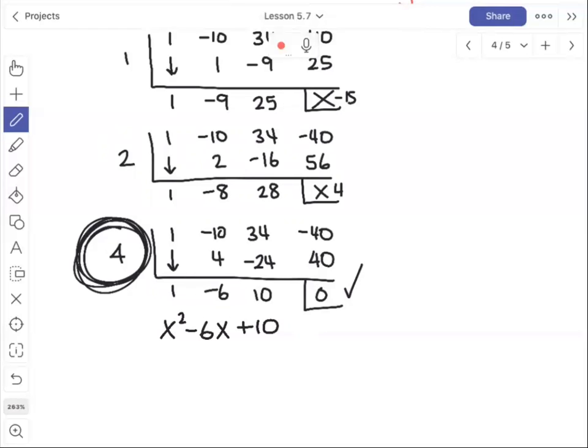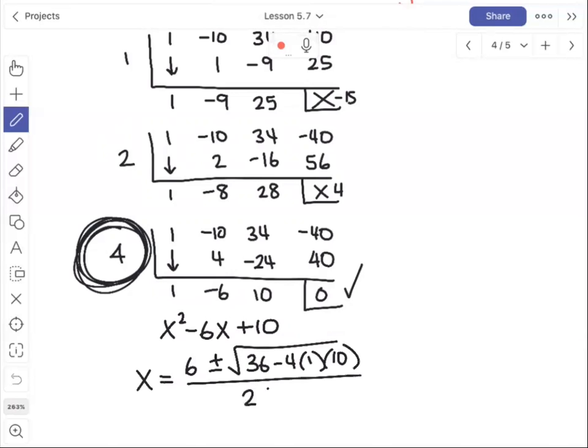Let's see. No, I actually can't factor. All right, let's use the quadratic formula then. So x is equal to negative b plus or minus square root of b squared minus 4ac, all over 2a. All right, and I get negative 4, oops, sorry, I didn't take it out of the root yet.